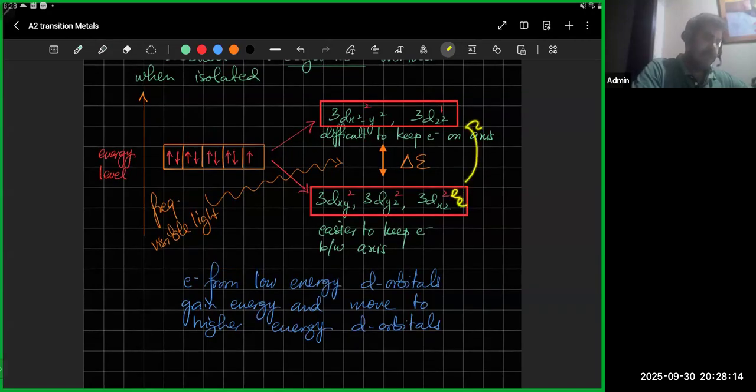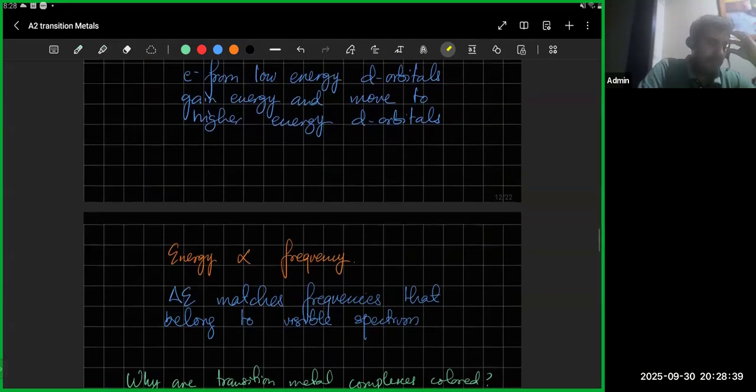The electrons can jump and move to the high energy d-subshell. Now, for that to happen, there must be room available, right? If they're full, the electrons can't jump around. They can't go into an excited state. So there's got to be room available so that electrons can move to the high energy d-subshell.